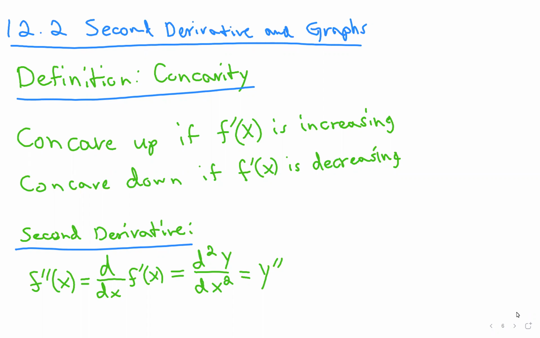All right, and so the second derivative is something that we can use to explain concave up and concave down. So here's some notation right here at the bottom. f double prime of x equals d over dx of f prime of x, which equals d squared y over dx squared.